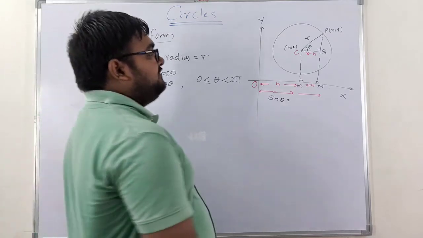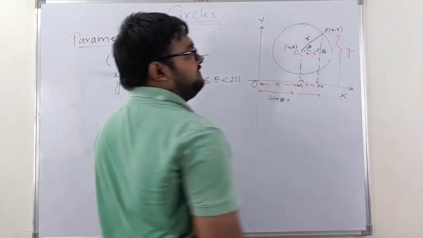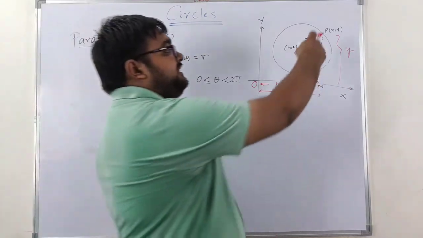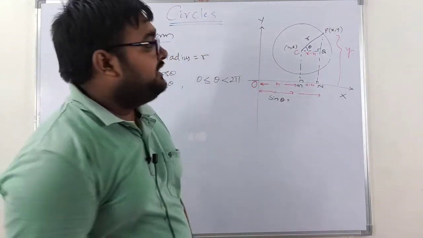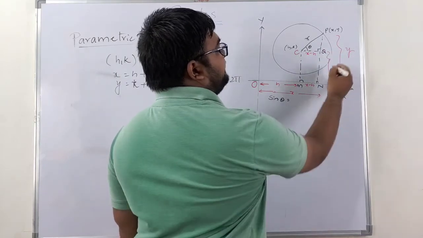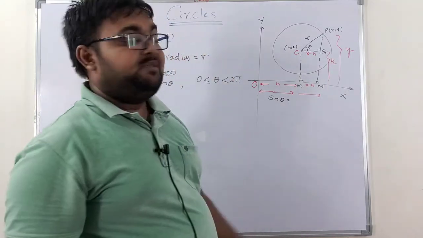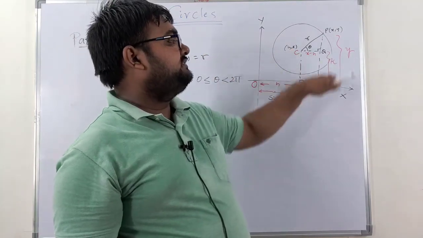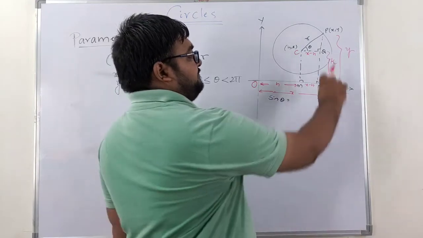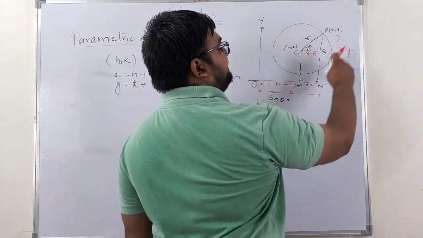In the same way, what about this distance? This distance is y, because P is the point which is above Q. Now what about this distance NQ? NQ is nothing but k, because this point k represents the distance NQ. Now what is the value of PQ? PQ is nothing but y minus k.